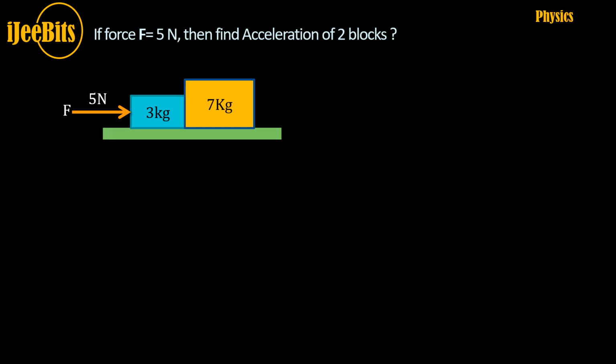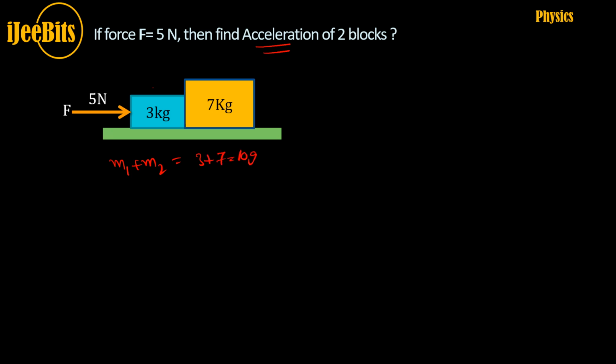A force F equal to 5 Newton is applied on block B. Let's say this is a 3 kg block and this is a 7 kg block. Find the common acceleration A. How do you calculate this one? M1 plus M2, 3 plus 7, that is 10 kg.